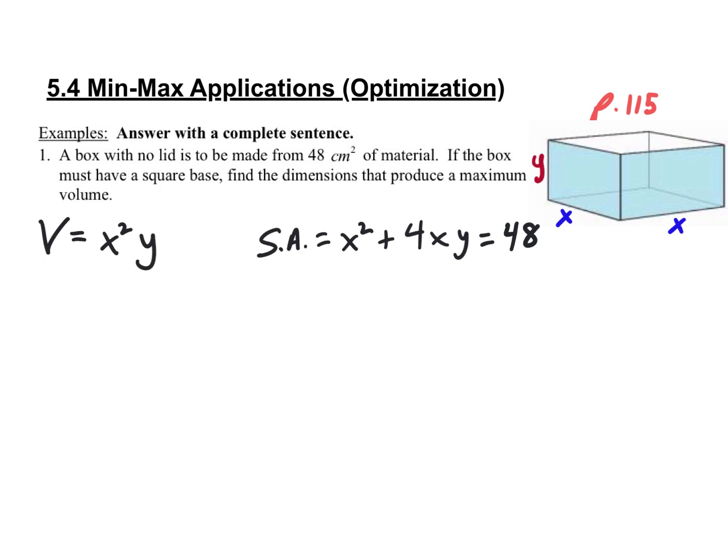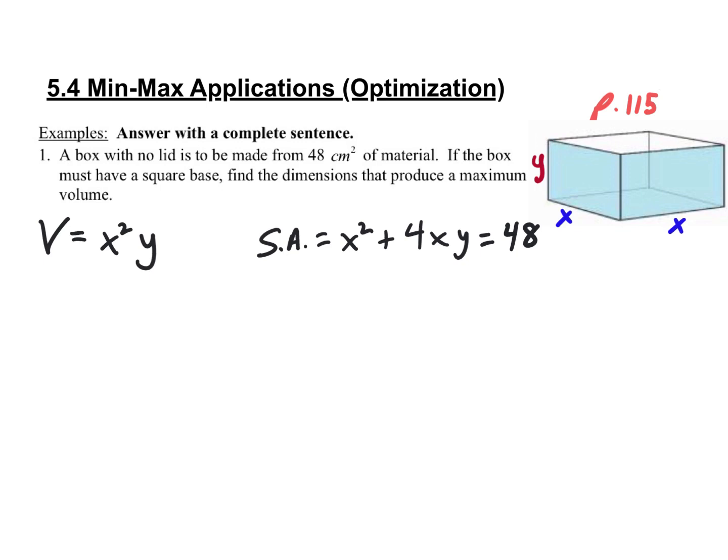Which variable should we get by itself? We don't need to even be concerned with which equation we're going to use. You should be able to tell me which variable you should get by itself without paying attention to whether it's volume or surface area. X or Y?